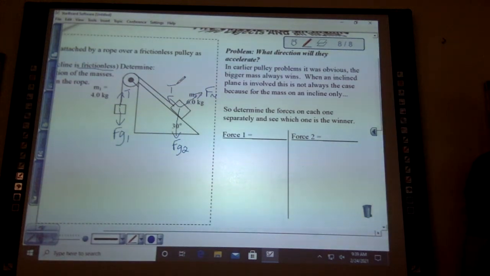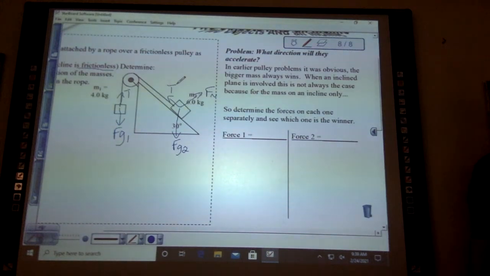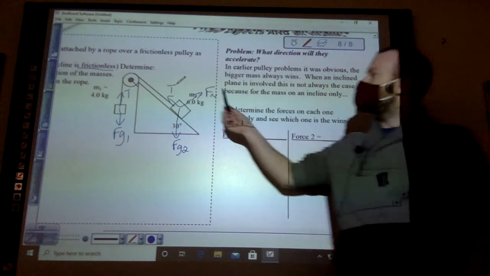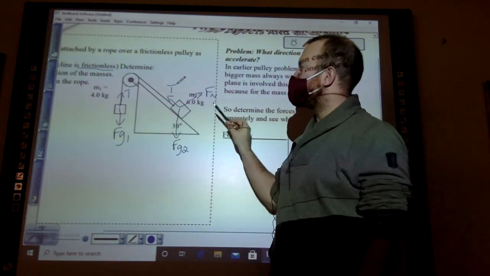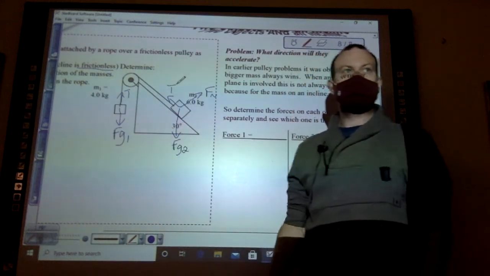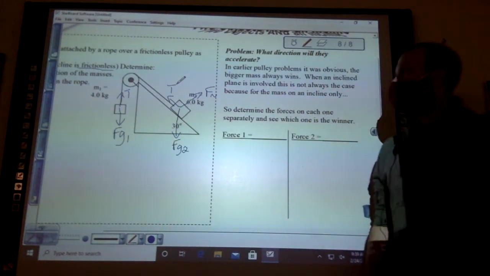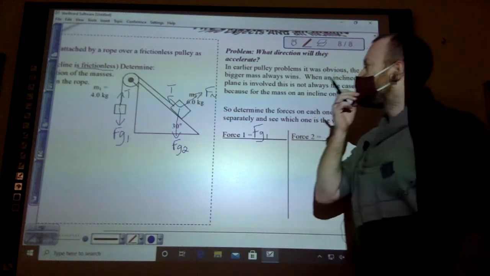So with this, we need to figure out what force is going to cause this to move counterclockwise. We'll get there, yeah. So looking at this, which of these forces is going to cause the system to move up the incline and down here? What do you think? Yeah, so FG1. Anything else?